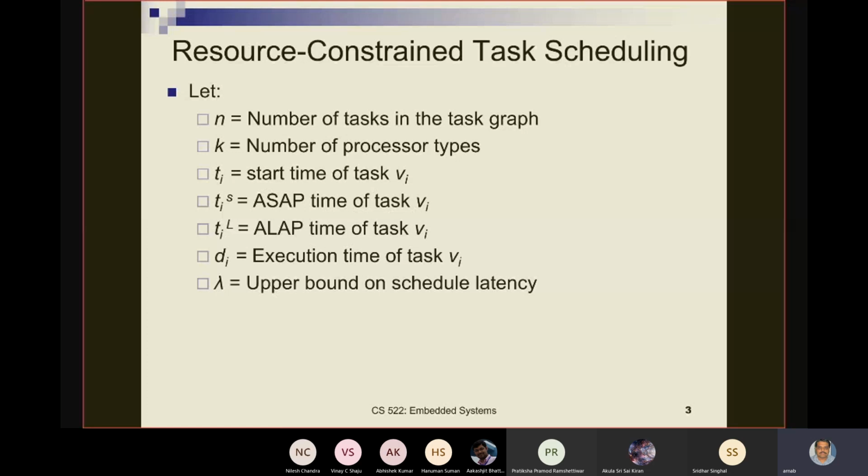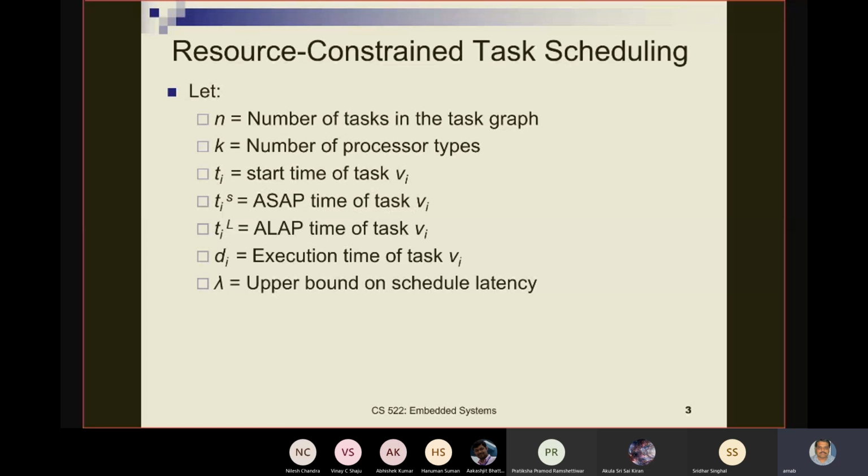Any constraint satisfaction problem is formulated by defining a set of decision variables, an objective function on the decision variables, and associated constraints on those decision variables. First, we need to define what the decision variables will be.